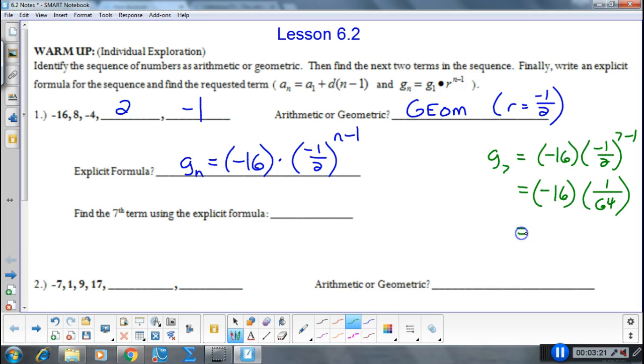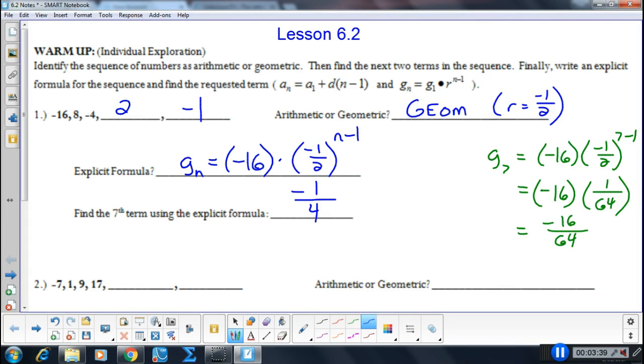So that's going to be negative 16 over 64, which reduces down to negative 1/4. Okay? Prefer fractions there, just so you're a big fan of the fractions.